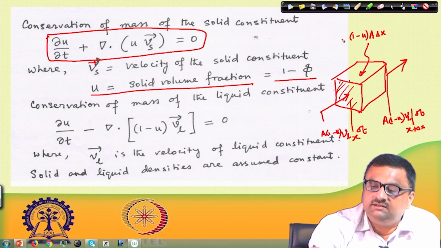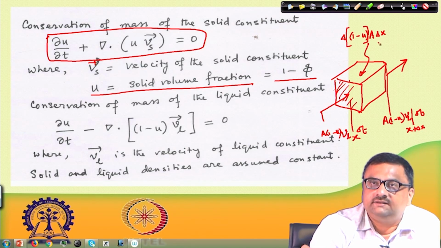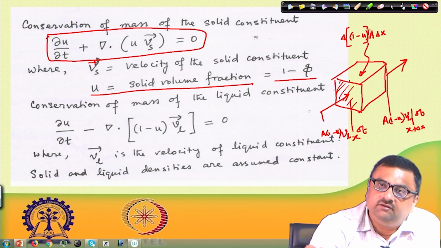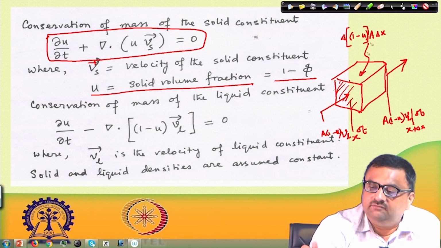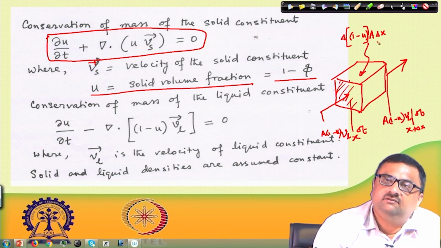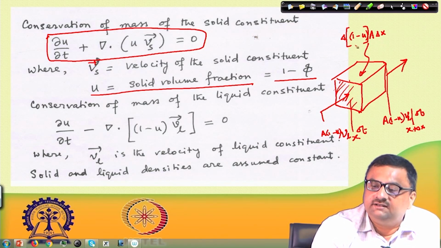So this is written as delta of 1 minus U into A delta x. That is the change in liquid volume inside the differential element, and when you equate, delta t once again goes there, and this makes it minus del U del t.